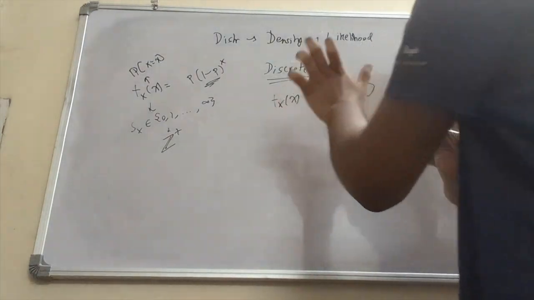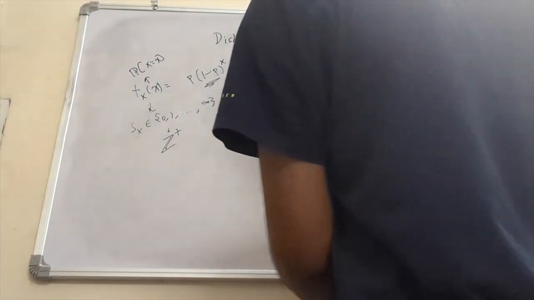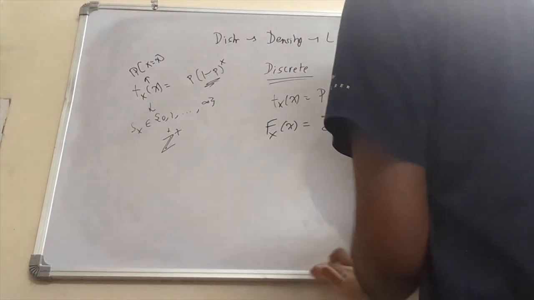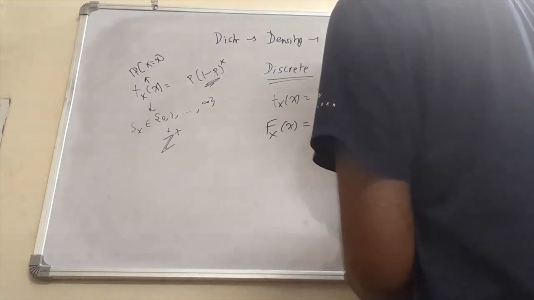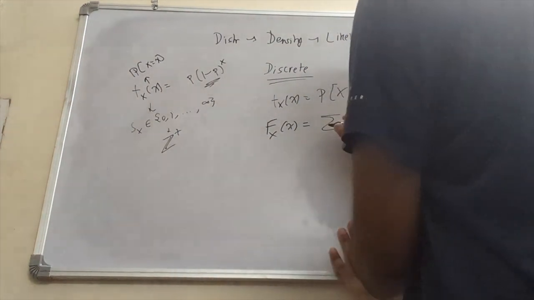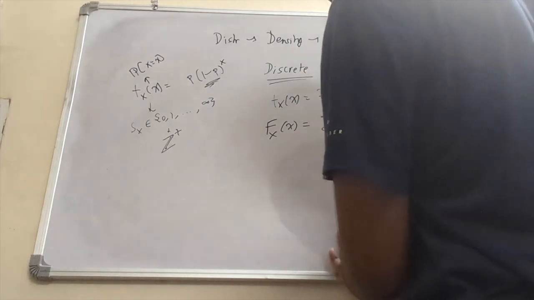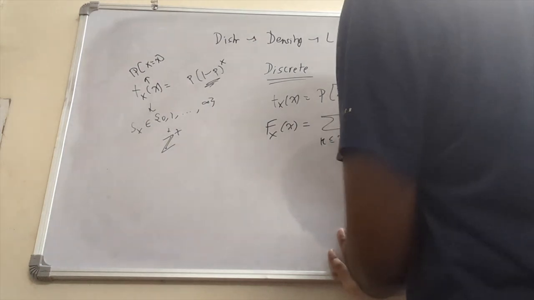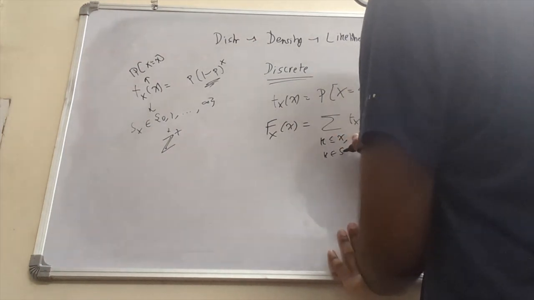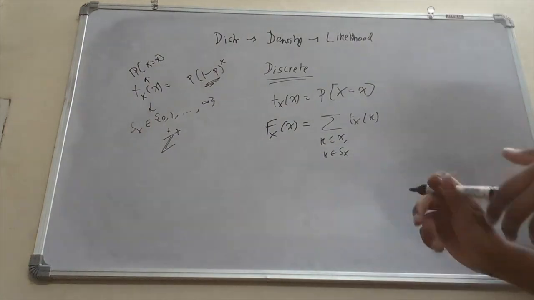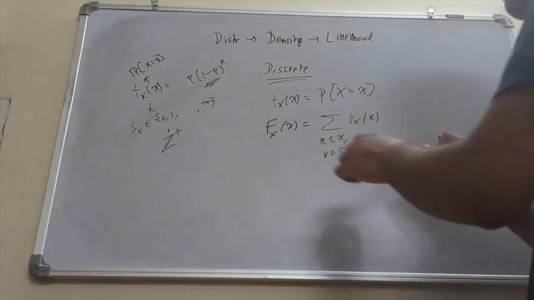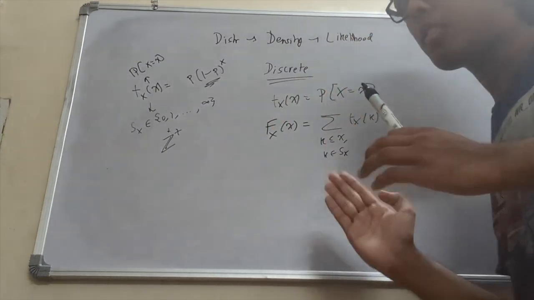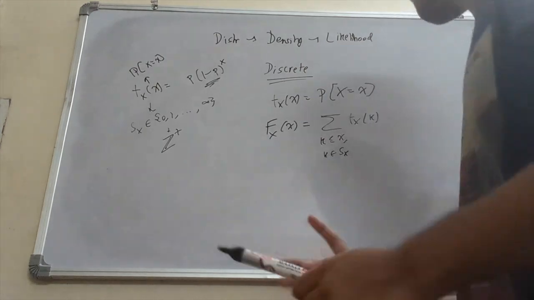Okay, and for discrete, the idea is that F of x is basically the summation of f of x_k, where k is less than or equal to x and k belongs to the support of X. This makes sense because the probability that X is less than or equal to x is the sum of all the probabilities of all the values which are less than or equal to x.